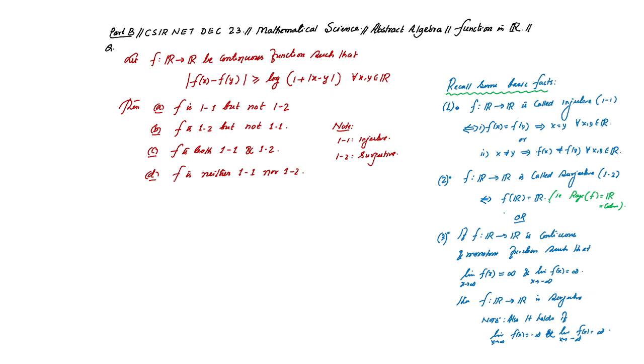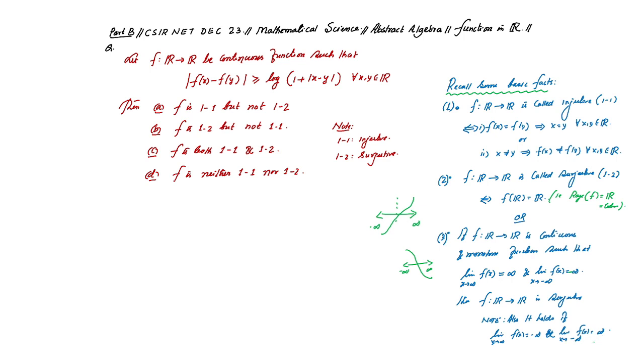Or if f is a continuous function and monotone, that means either monotone increasing or monotone decreasing, from R to R. And in both cases, either the limit as x tends to infinity of f(x) equals infinity and the limit as x tends to minus infinity equals minus infinity, or the limit as x tends to infinity of f(x) equals minus infinity and the limit as x tends to minus infinity of f(x) equals infinity.